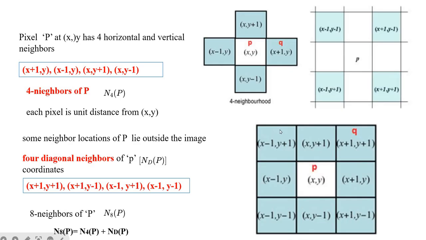You can see it consists of all the pixels here, that is the 4 horizontal and vertical neighbors and the 4 diagonal neighbors. This is nothing but the 8 neighbors of P. So n8 of P is the combination of both n4 of P and nd of P.